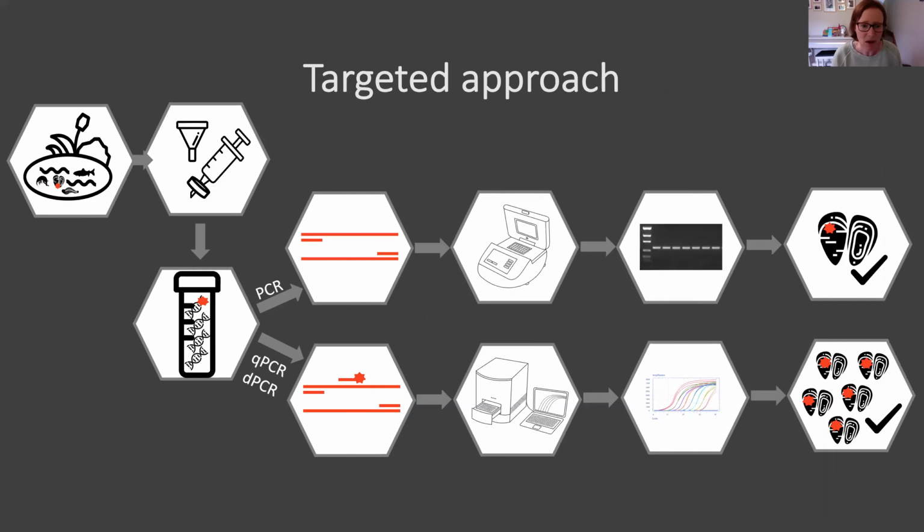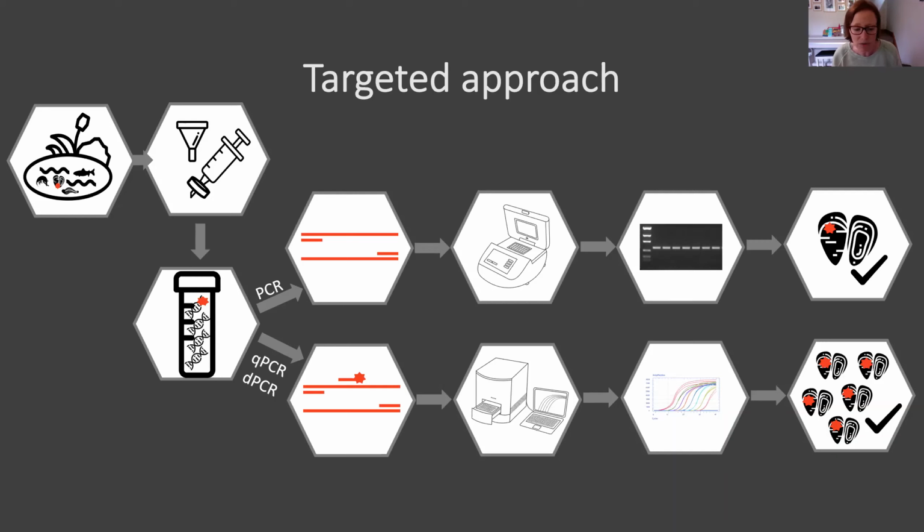So I'm just going to run through the targeted approach very quickly. There are a couple of options here. So you have your DNA sample, and it contains the DNA of the species you're interested in. You can use a very simple conventional PCR using species-specific primers that just gives you the presence or absence of the species by looking at bands on a gel.